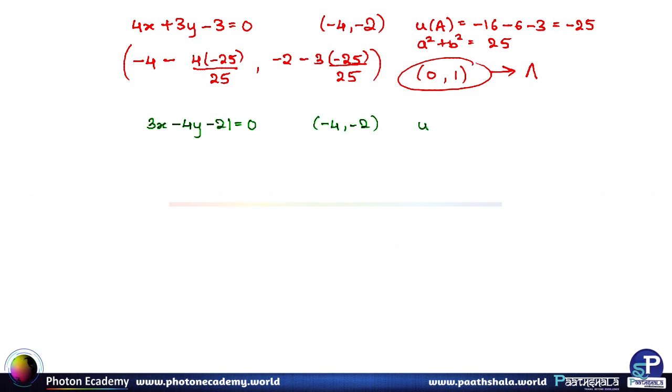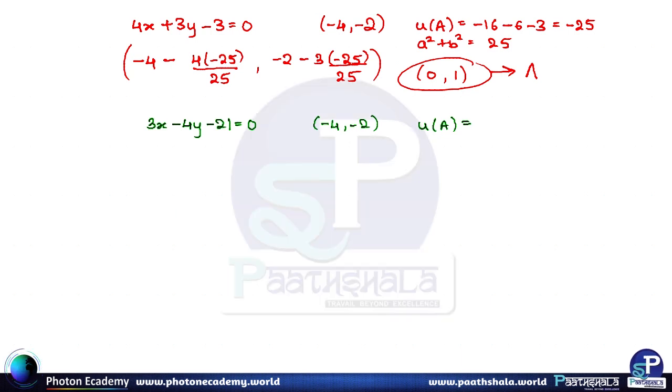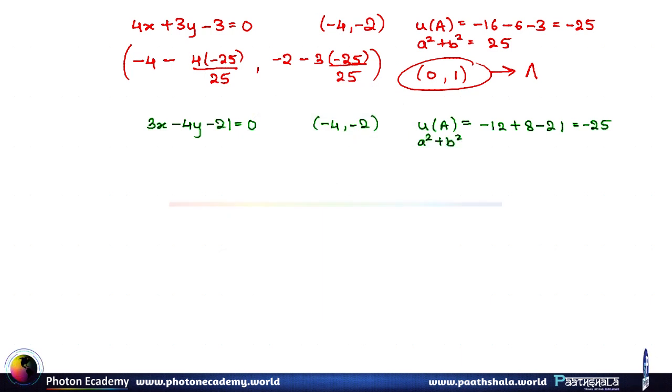So u(P) is equal to -4 into 3, so -12, and plus 8 minus 21, so that's -33, plus 8, so -25. Okay, and a square plus b square is 3 square plus 4 square, which is 25.